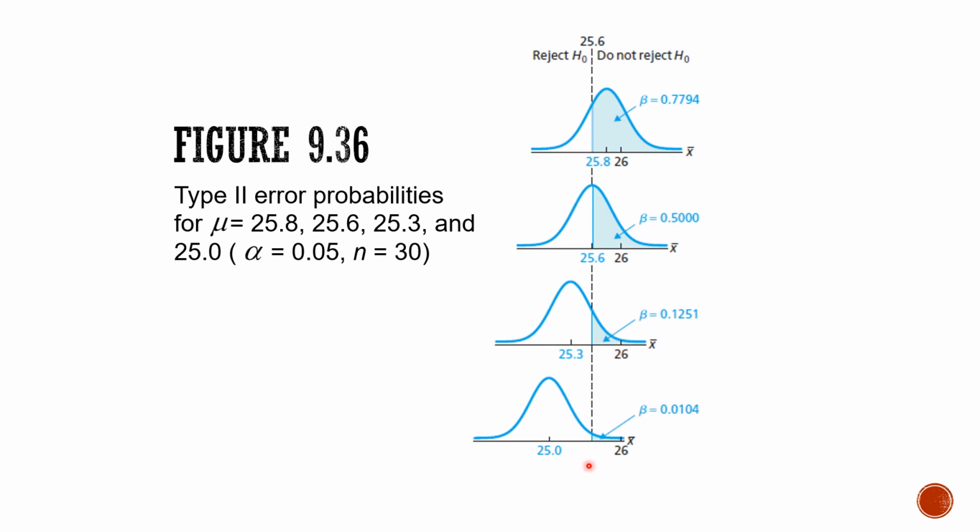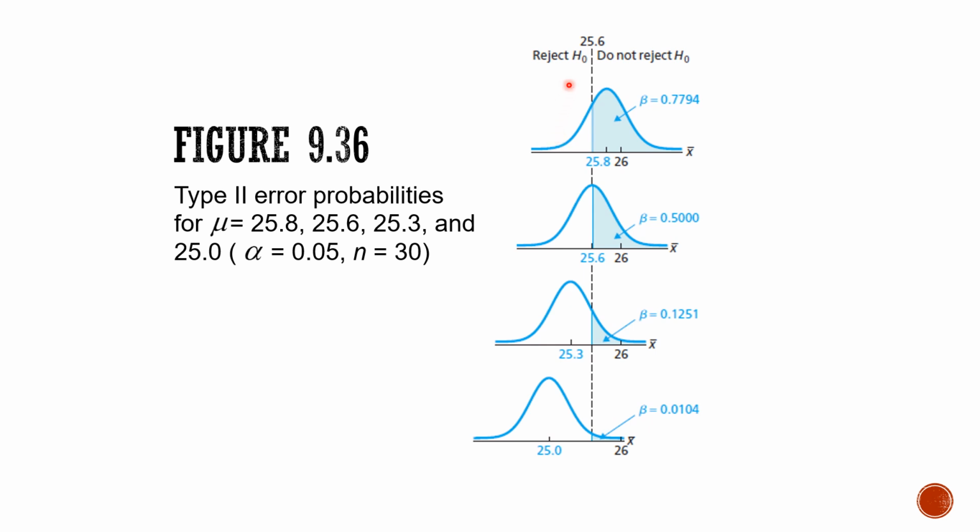And finally, when we replace the null hypothesis mean with 25, you see, we have a very small area for beta. So this is just showing us how the area of beta changes based on the different values of the alternate mean.